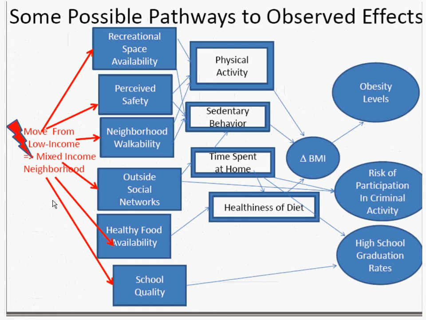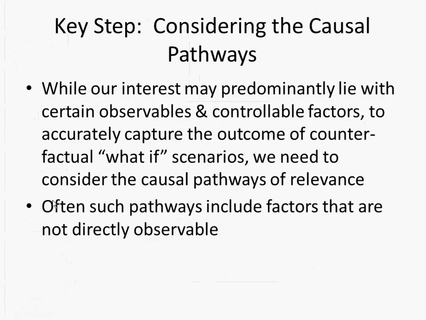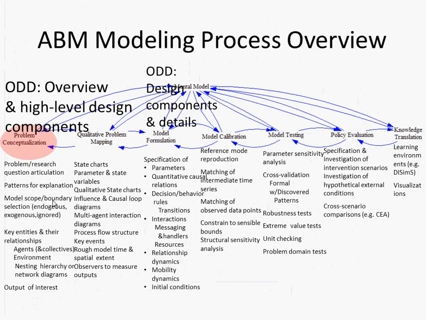So unpacking into these pathways is one of the key steps early on in the modeling process, and specifically relates to this problem conceptualization phase. We're often sketching out or articulating the basic pathways involved.